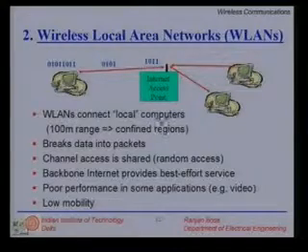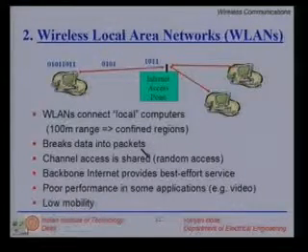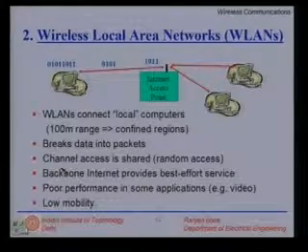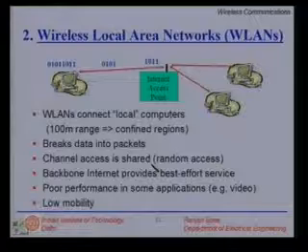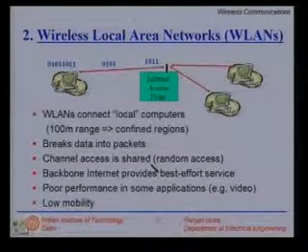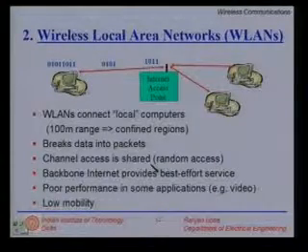We connect local computers and hence confined regions. Breaks data into packets and sends. There are various protocols. The channel access is shared. So a very important part of the design of wireless local area network is the MAC layer, the medium access layer.